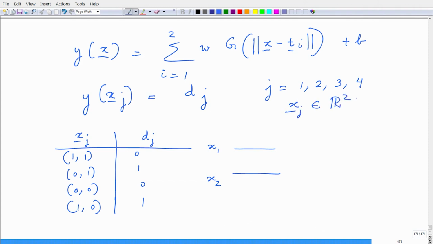I have 2 hidden units, and these are my phi 1 and phi 2, right. I look at all possible connections from the inputs to the hidden nodes.